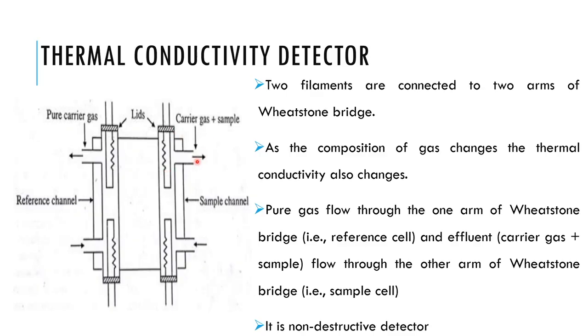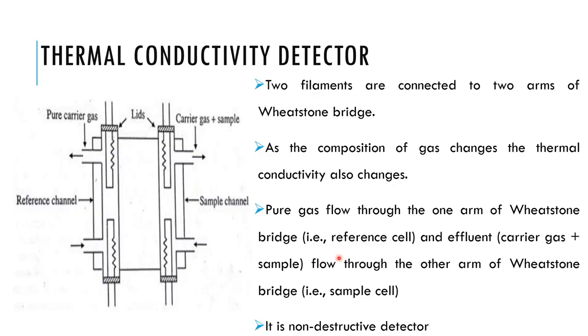But when we have a carrier gas along with the sample, there will be a change in the thermal conductivity, and this difference in thermal conductivity is recorded as the peak. The pure gas flowing through one arm of the Wheatstone bridge is called the reference, and the eluent, meaning the carrier gas and the sample, flows to the other arm.